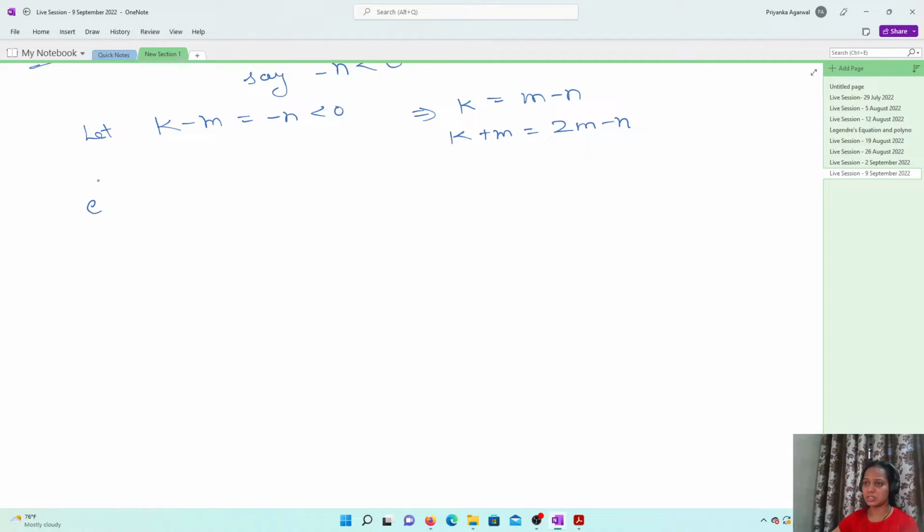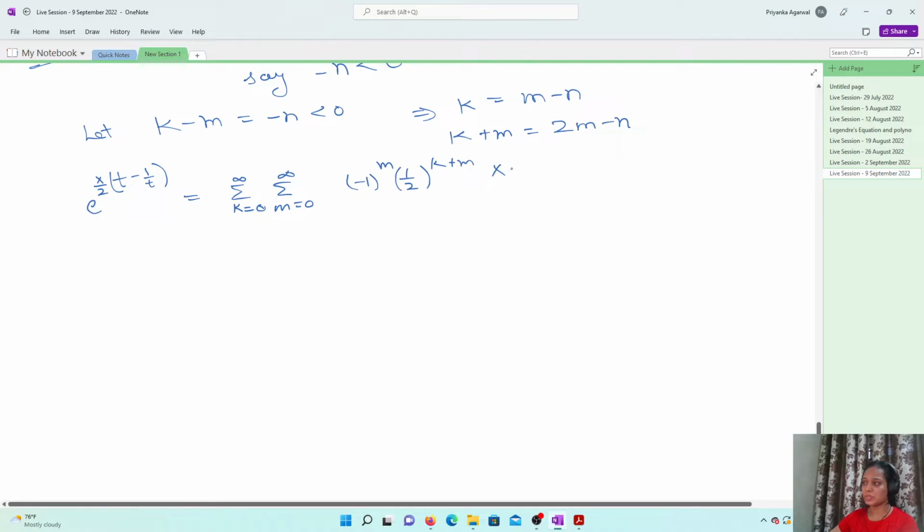So this can be written e to the power x by 2 into (t minus 1 by t), which is equal to summation k equals 0 to infinity summation n equals 0 to infinity (-1)^n into (1/2)^(k+n) into x^(k+n) and t^(k-n).